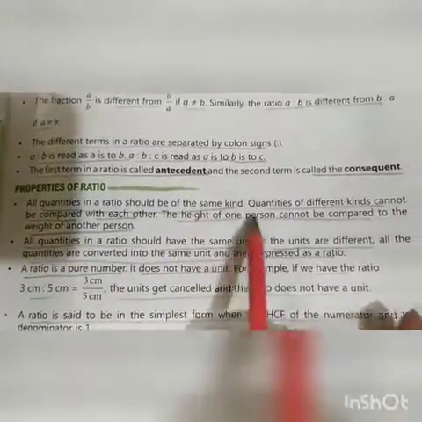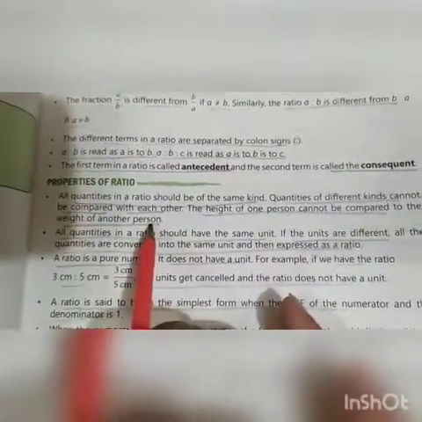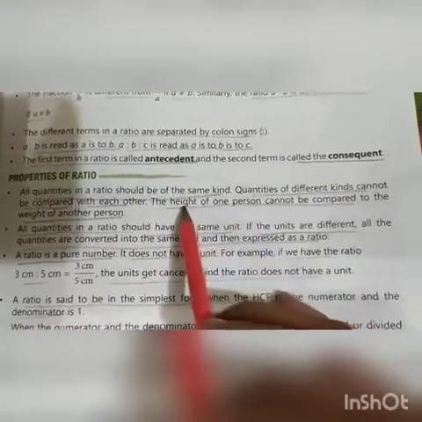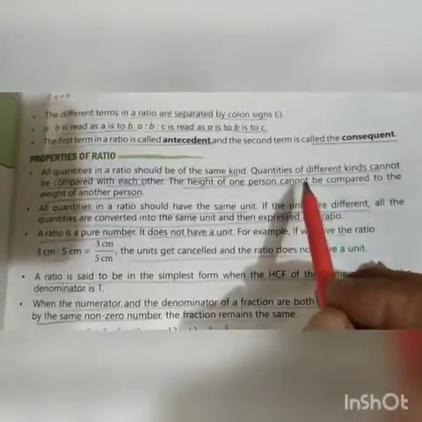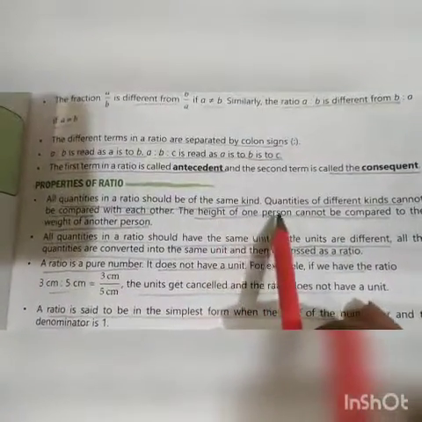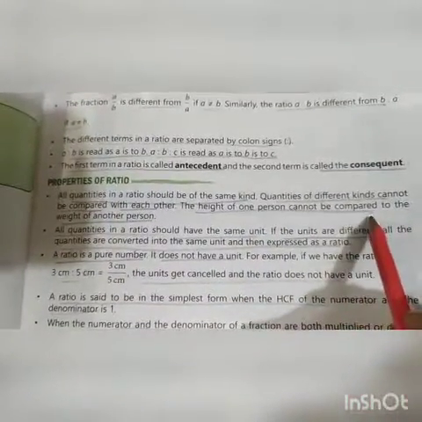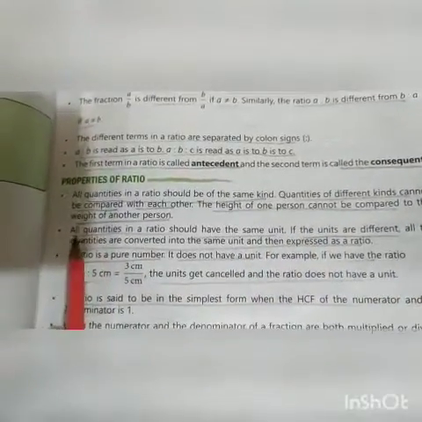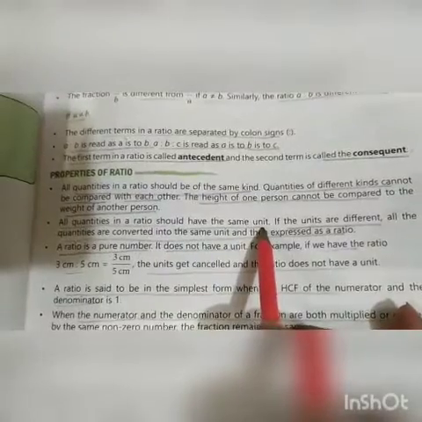The height of one person cannot be compared to the weight of another person. If we are taking the height of one person, then we will take the height of another person. If we take the height of one person and the weight of a second person, we cannot compare them. All quantities in a ratio should have the same unit.